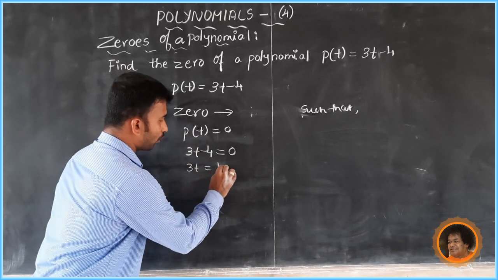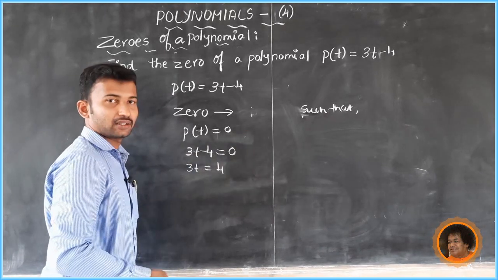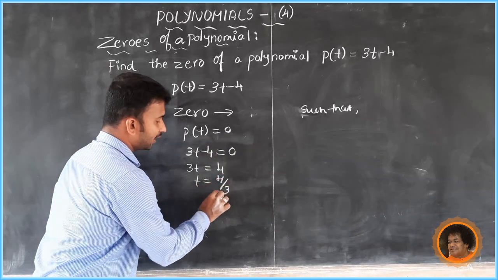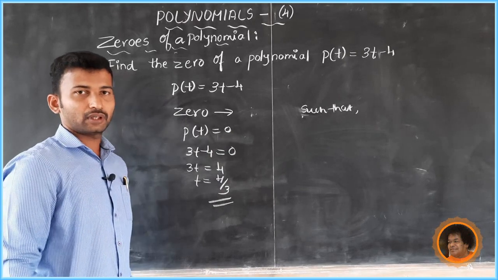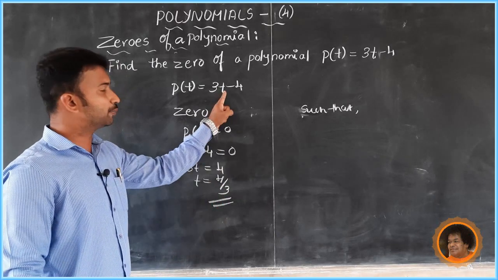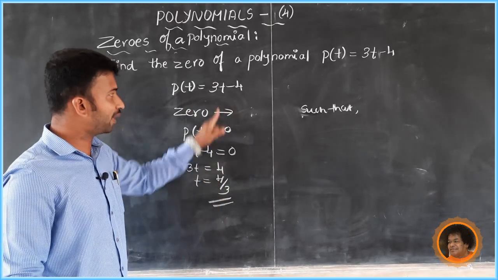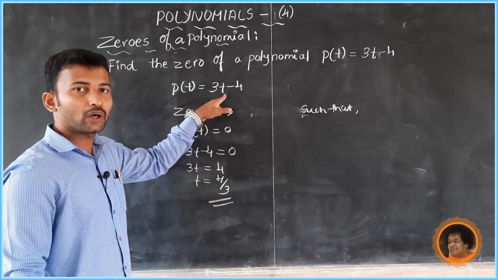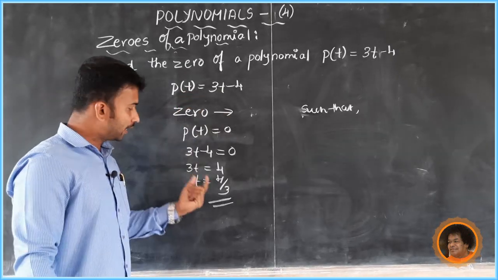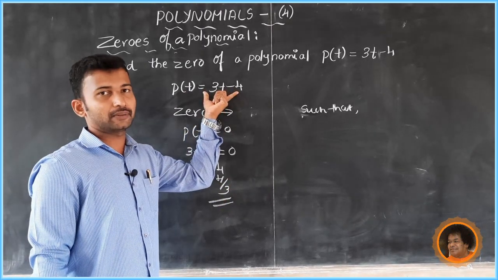Solve 3t minus 4. Bring minus 4 to the right hand side. It becomes positive. So what is t? t is equal to 4 by 3. If you substitute 4 by 3 in this polynomial, replacing t by 4 by 3, the polynomial p of t becomes 0. So we can say 4 by 3 is the zero of this polynomial.